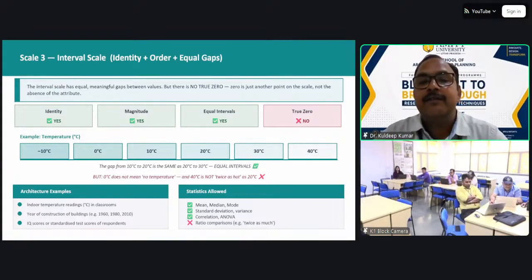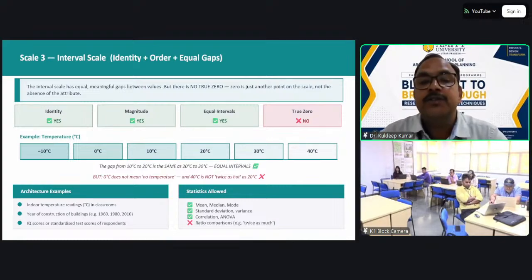But note that 0 degrees does not mean that there is no temperature, right? It is simply the freezing point of water, or maybe a reference point. And critically, you cannot say that 40 degrees is twice as hot as 20 degrees.